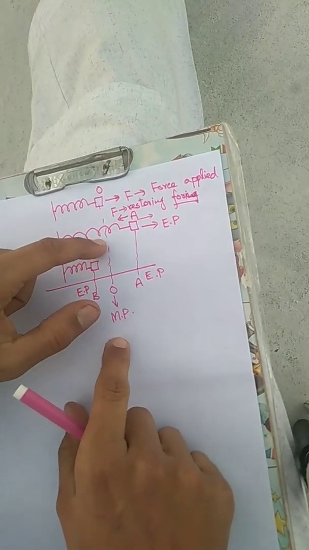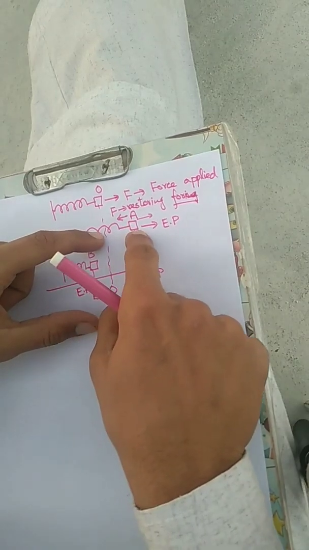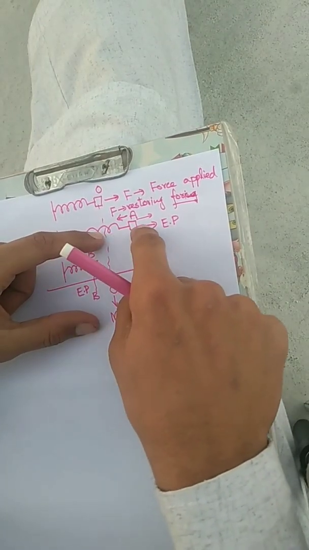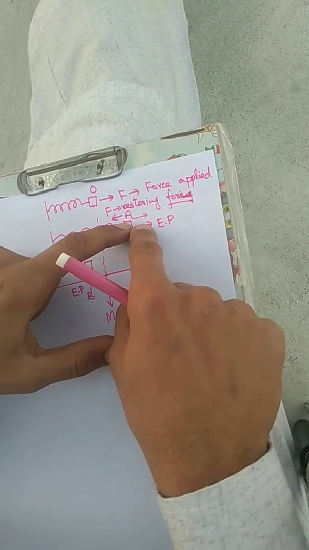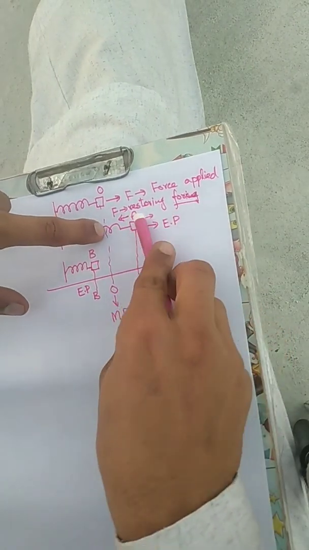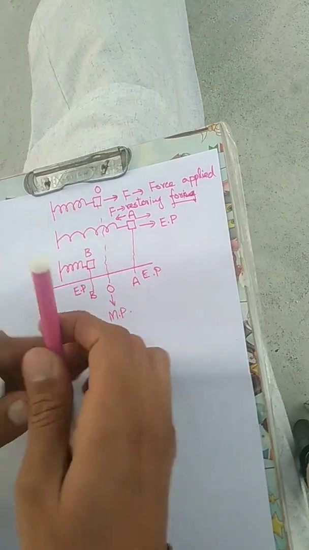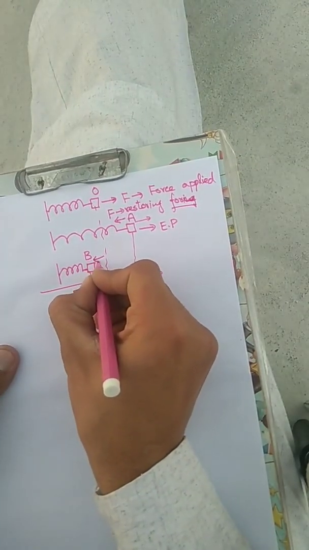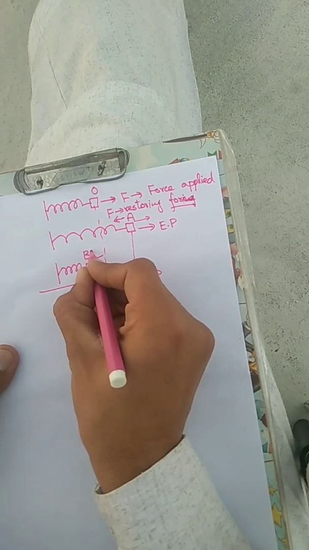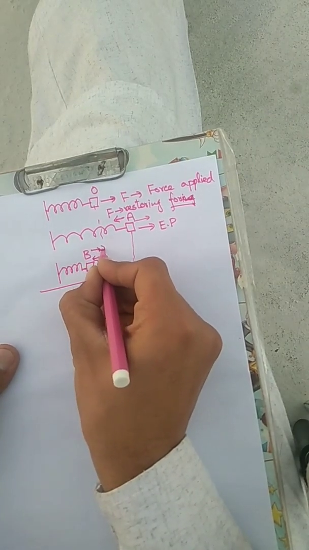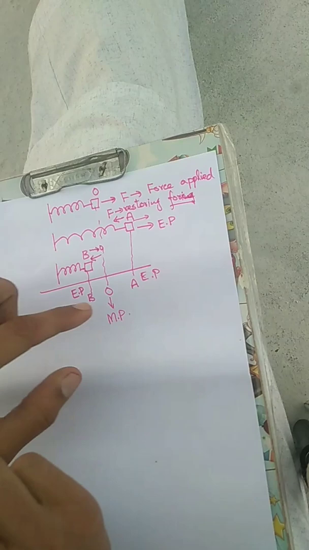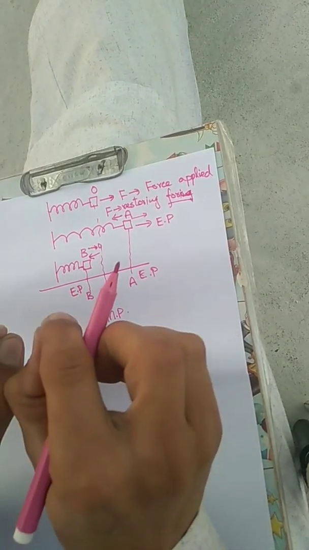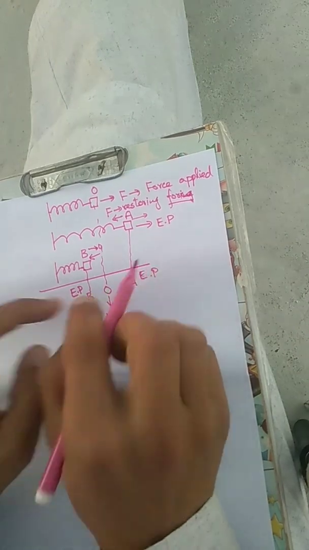It means that when we stretch this mass spring system towards point A, then the restoring force will be directed towards O, that is, towards the center. And when this mass spring system moves towards point B, then the direction of restoring force will again be towards O. So the direction of restoring force is always towards the mean position.